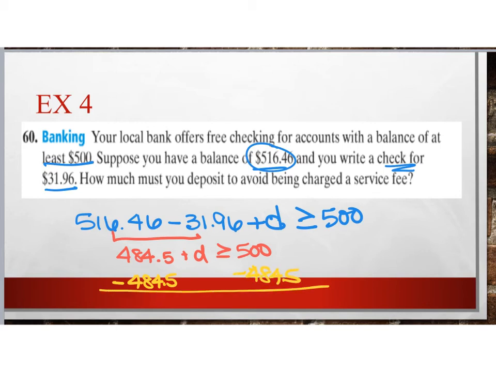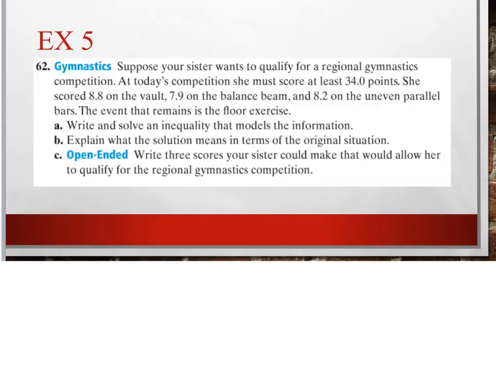And when I do that, I end up with D is greater than or equal to $15.50. So what this means is if I don't put in at least $15.50, then I'm going to have to pay a fee because I haven't met my minimum requirement of $500. I can put more than $15.50, I just can't put less than.